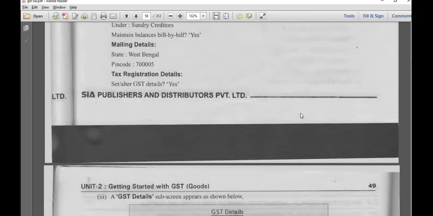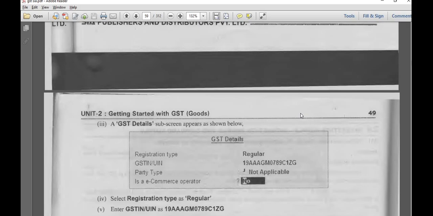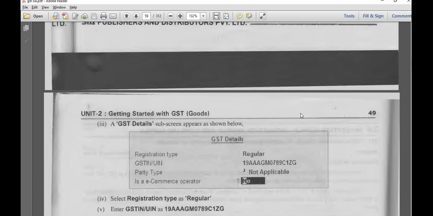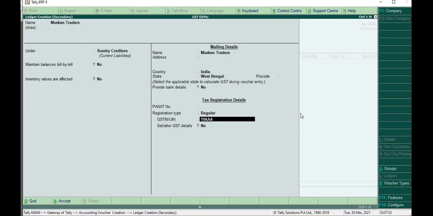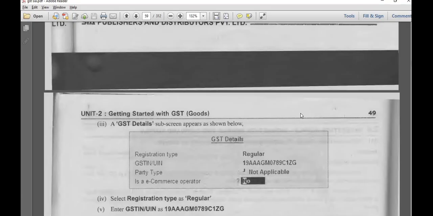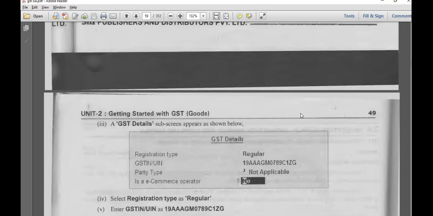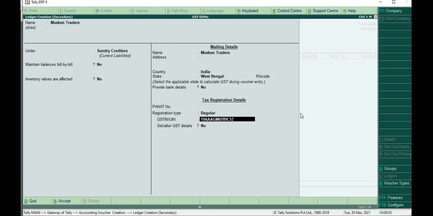He has given a GST number, 19AAA GM0 ZM0 0789 C1ZG. Enter. Okay, verify party GST number.